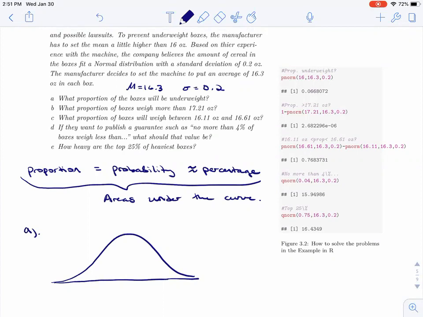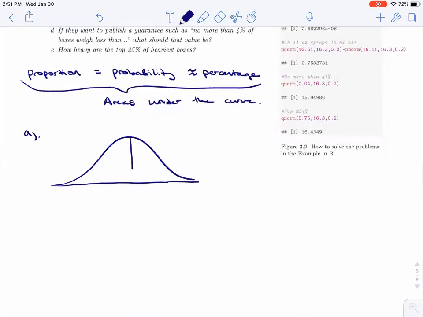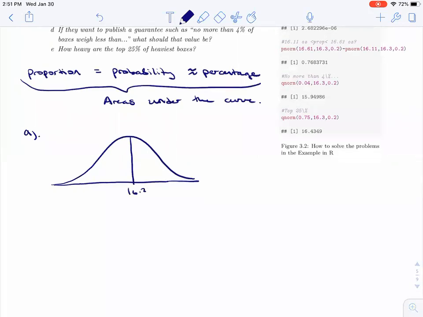That's all the information that we're given. So we can just start by jotting down that information. And it has nothing to do with the question. This will always be the case. It follows a normal distribution centered on 16.3 and the standard deviation is 0.2.